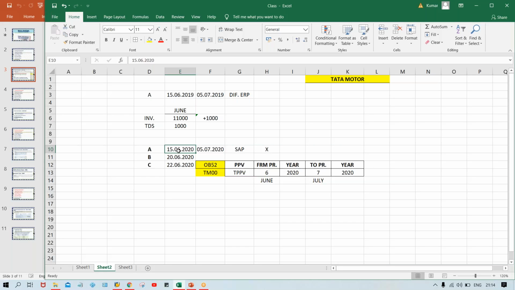Now, but the manager is very clever. Manager or TL, whoever is there, right? That guy knows that it's not only A, there are a few more people who have made the similar mistake, but those fellows are not coming and not accepting their mistake. So if I'm going to open the previous period, then what will happen?